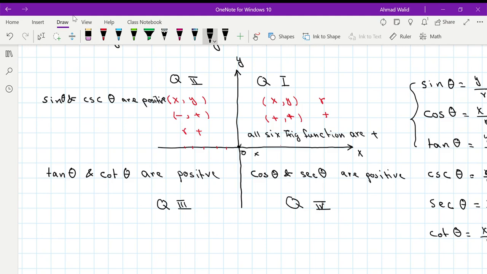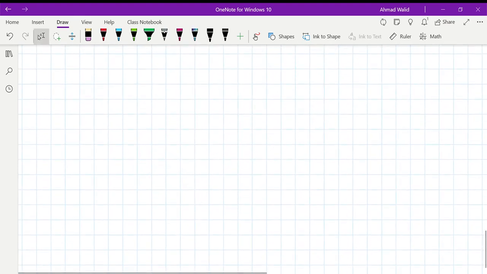Now, let's do an example. Example number 1 for this part.